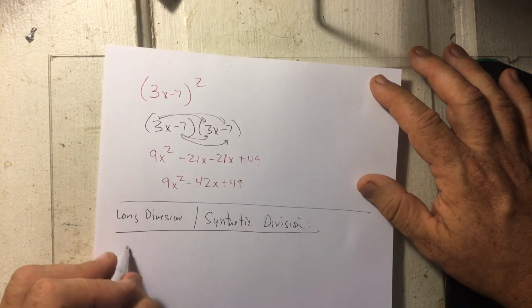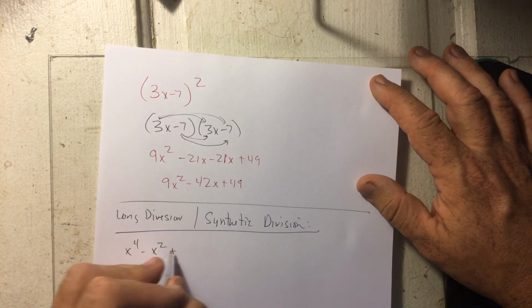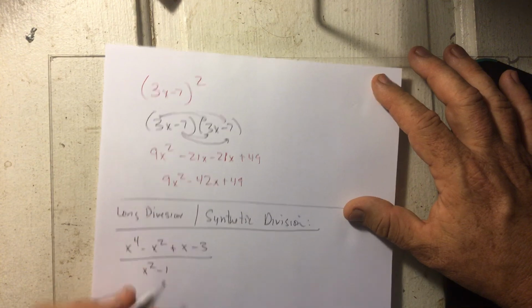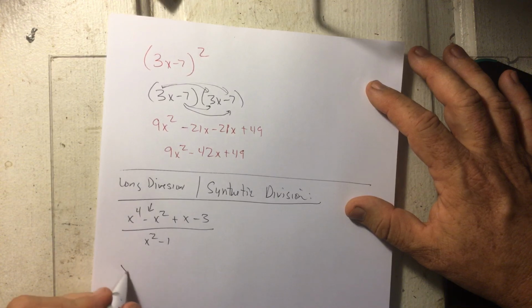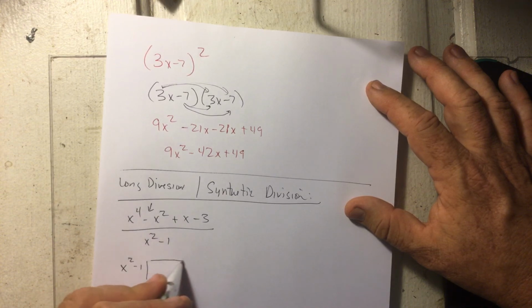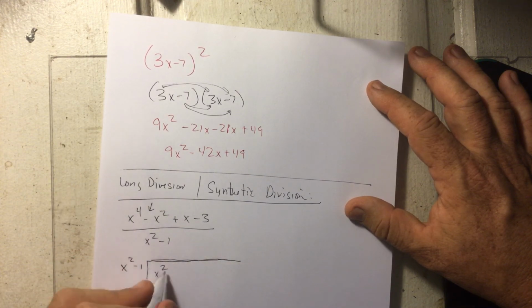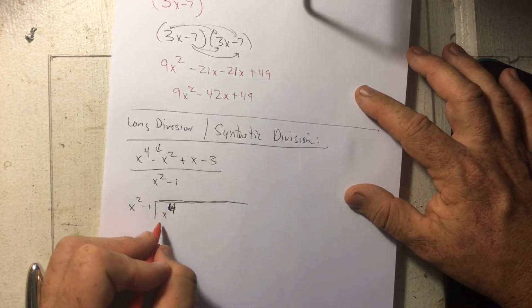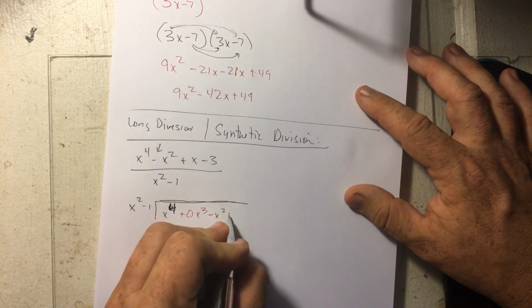Don't forget when it's like x to the fourth minus x squared plus x minus 3 divided by x squared minus 1, that you're missing x cubed. So when you write this for long division, you guys will be x squared into x to the fourth, x to the fourth, let me raise that up a little bit, plus 0x cubed, and then finish the problem out.